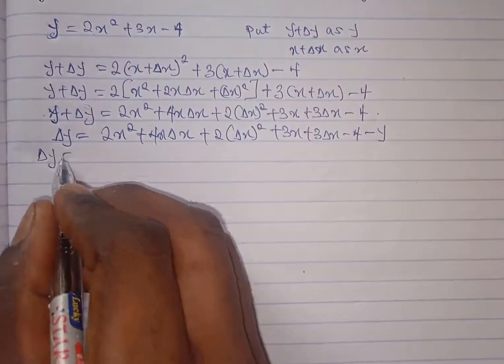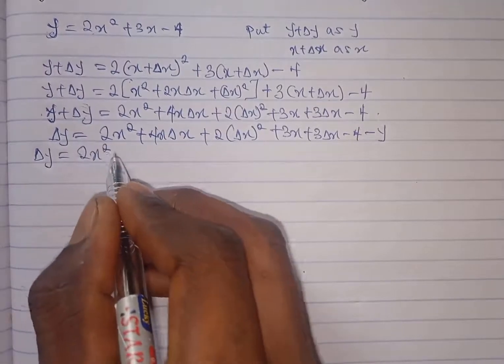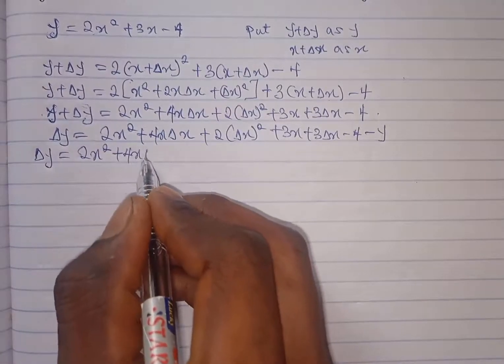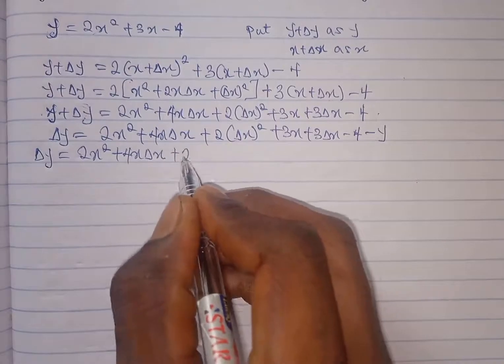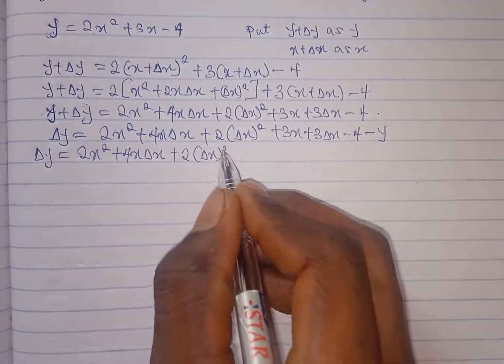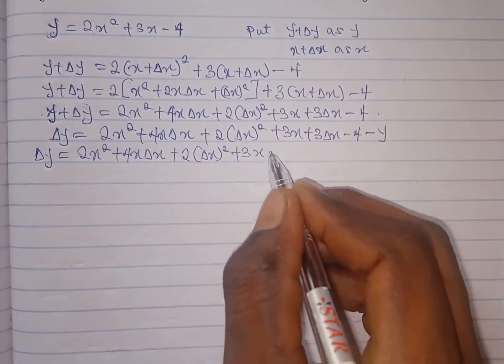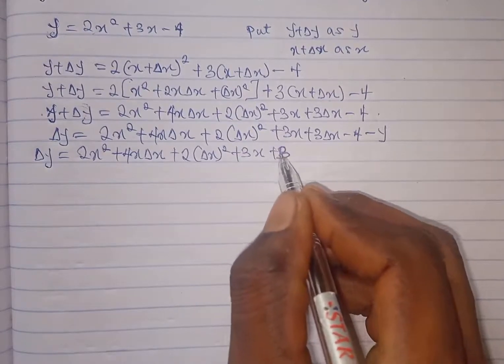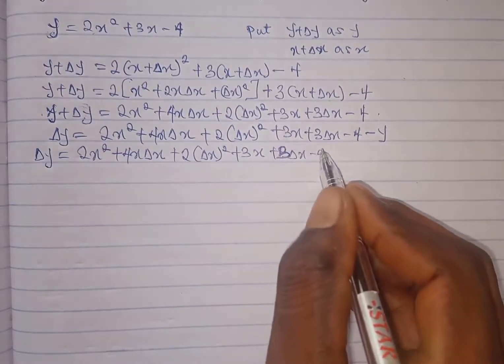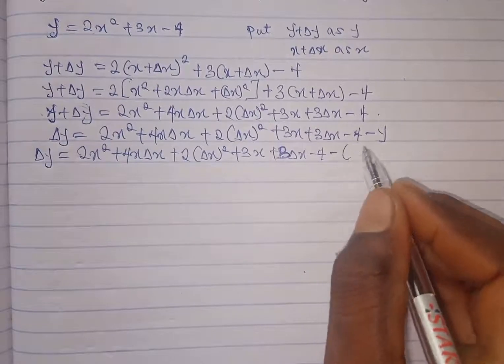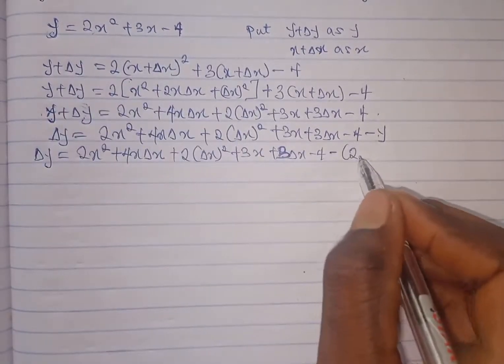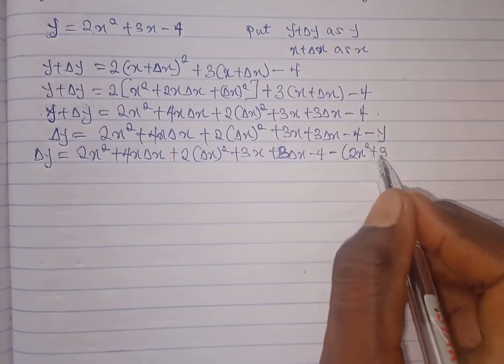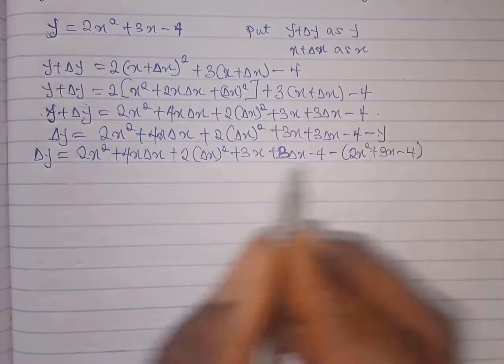What is your y? Your y is 2x squared plus 3x minus 4.